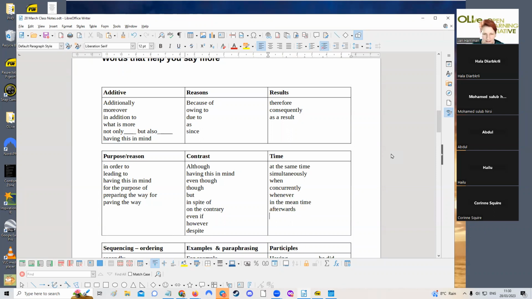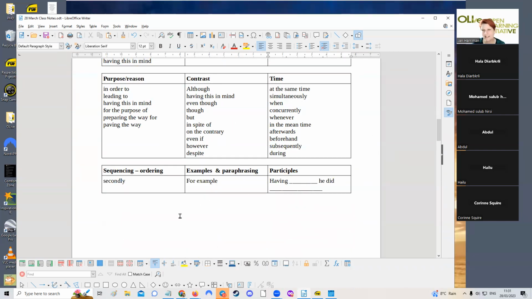Beforehand. During. Subsequently. It means after. Can we use subsequently and as a result also? Yes, because a result is something that happens after something. So yes. There we go. Really good.